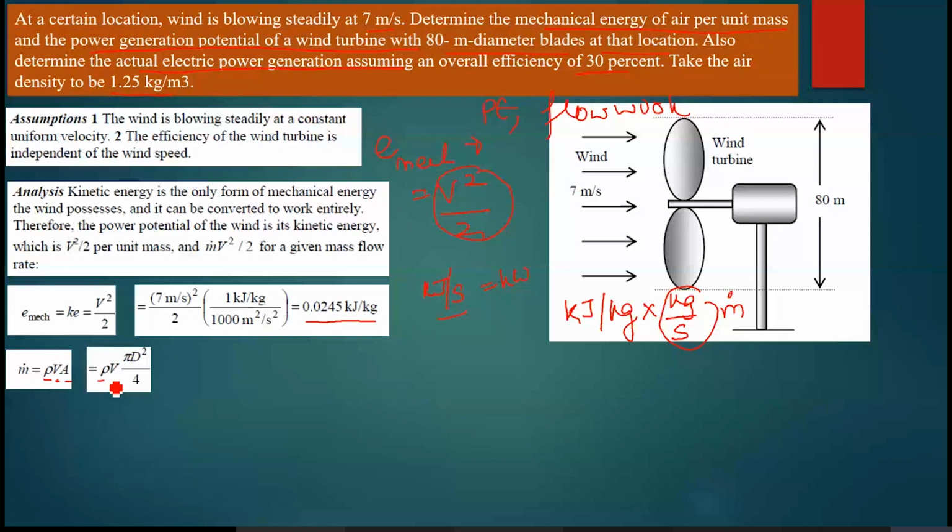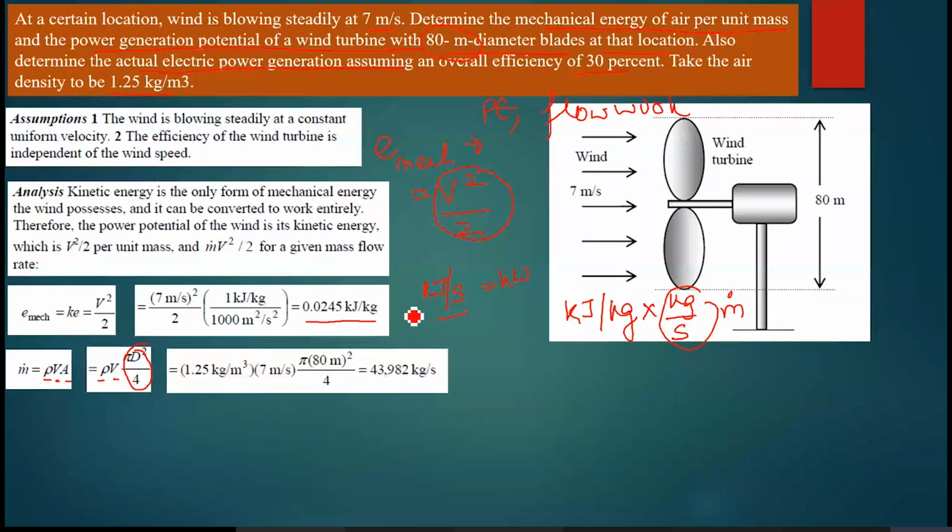Density is given to you, velocity is given to you. What is not given is basically the area. You can calculate the area by applying the area of the circle, because that's the circular area that would be important. Diameter is given to you. So you can calculate the mass flow rate using density into area into velocity.